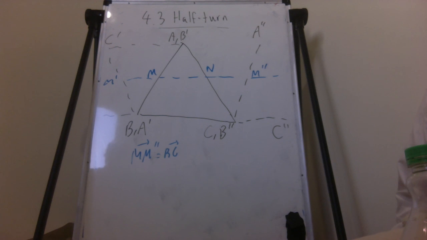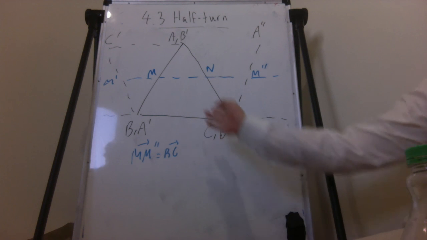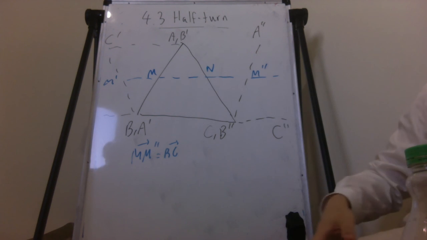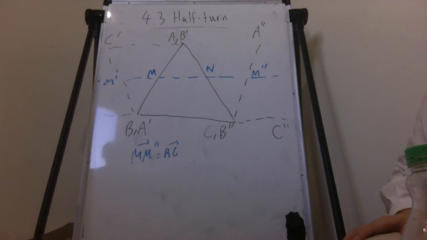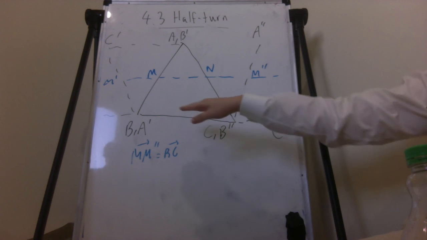Okay. And is C prime B prime parallel to BC? It is, right? Because that's just the parallelogram with the center M. Okay, so then this is on the same line, that's good.